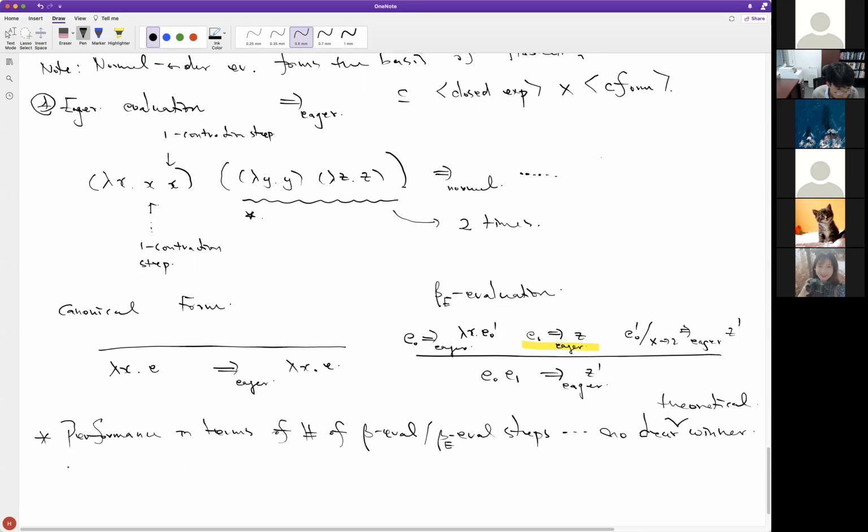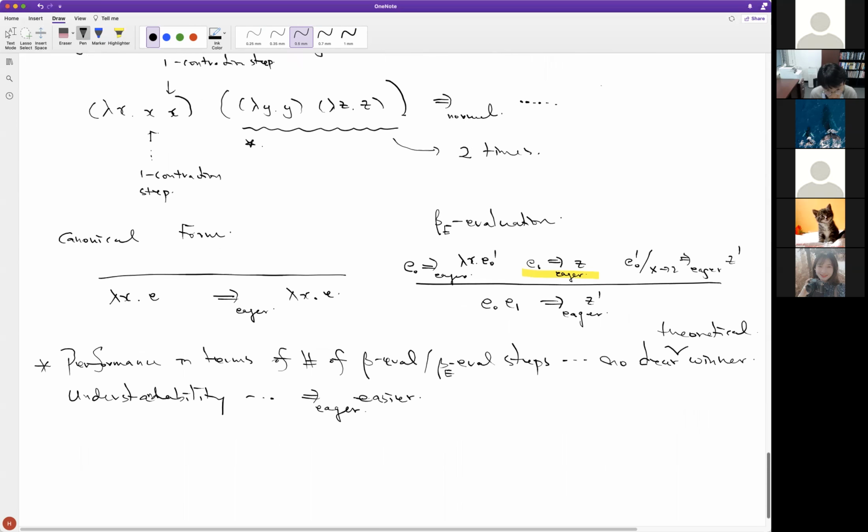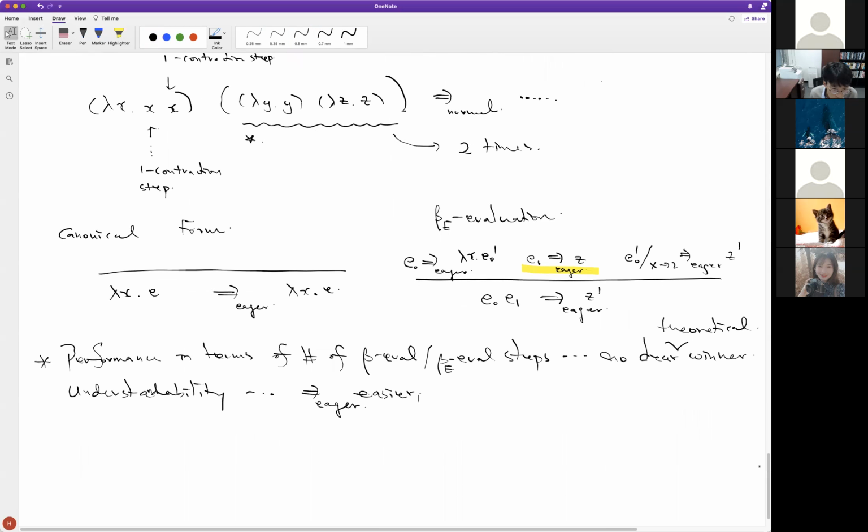But in terms of understandability, which is a very informal word, I mean which one is easier to understand what's going on, my feeling is that eager evaluation is much easier to understand. Even without following the rule, you can see what the outcome should be, and you can analyze how many steps are involved much more easily.